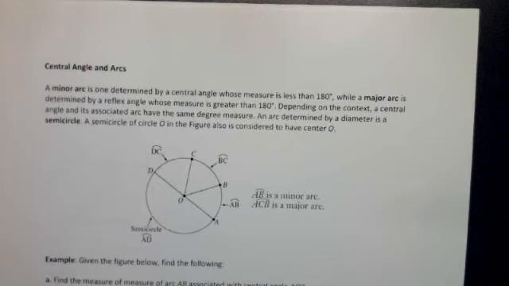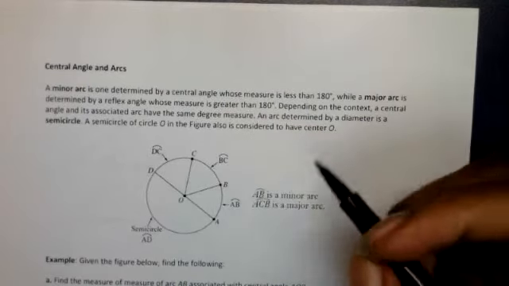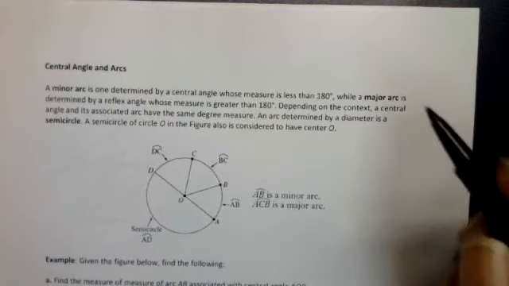Depending upon the context, a central angle and its associated arc have the same degree measure. An arc determined by a diameter is called a semicircle. A semicircle of circle O in the figure also is considered to have center O. So let's look at what we're talking about here.